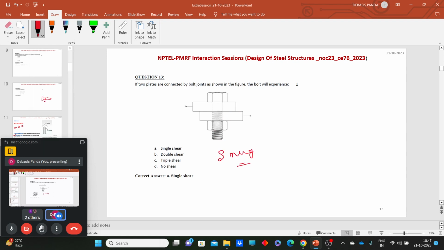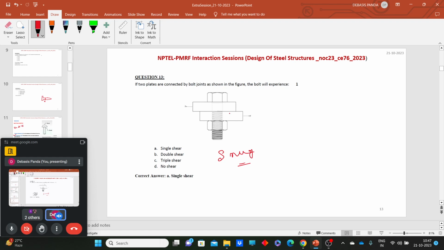That means the tightening up to which the members we are trying to connect will firmly join. We are not introducing any additional tension to the bolt.